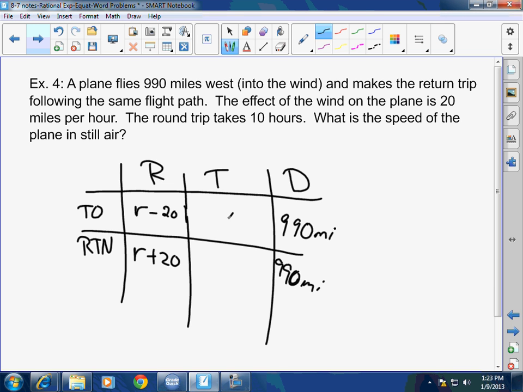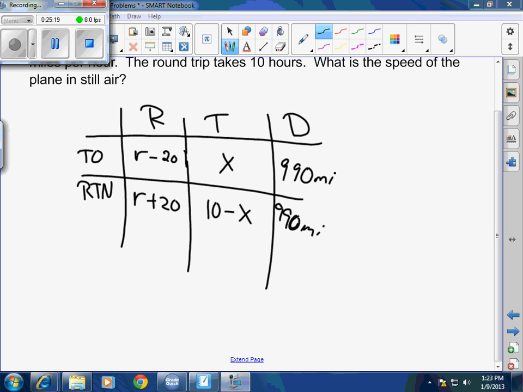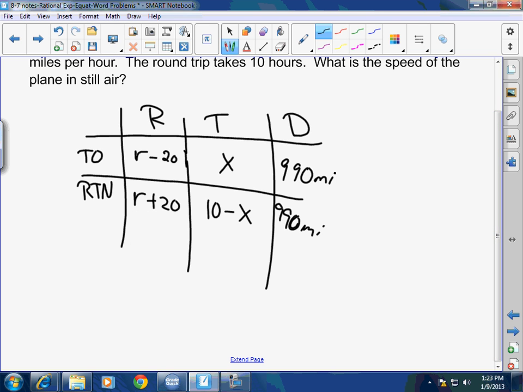So we'll call this x, and we'll call this 10 minus x. Please tell me you remember that, guys. Yeah? Okay. Now, we got to set them both equal to each other. So, wait a second. Oh, I'm so silly today.